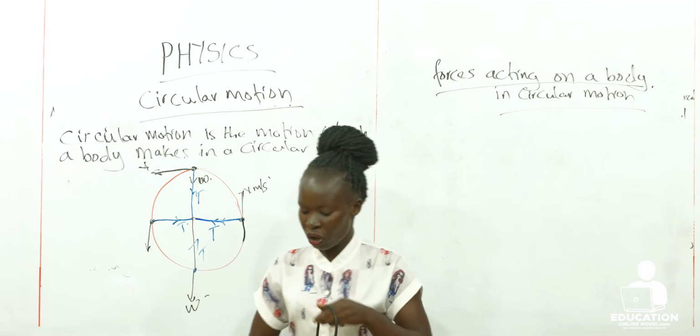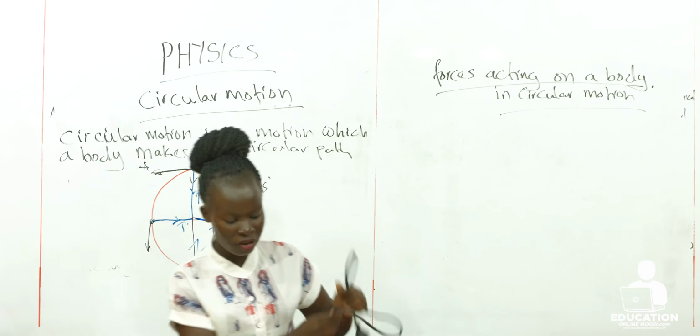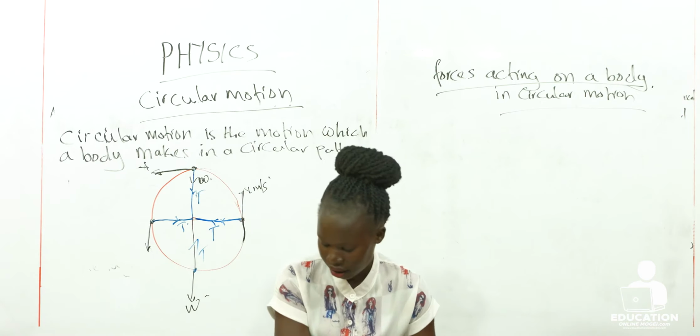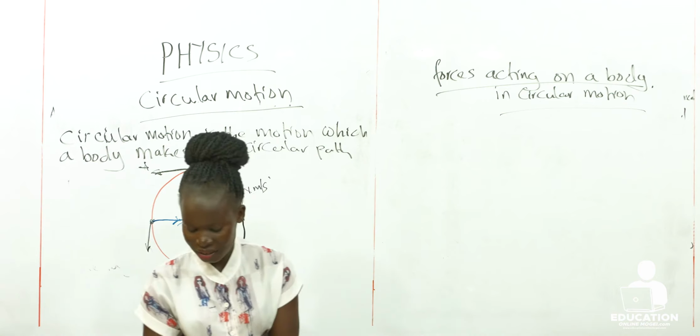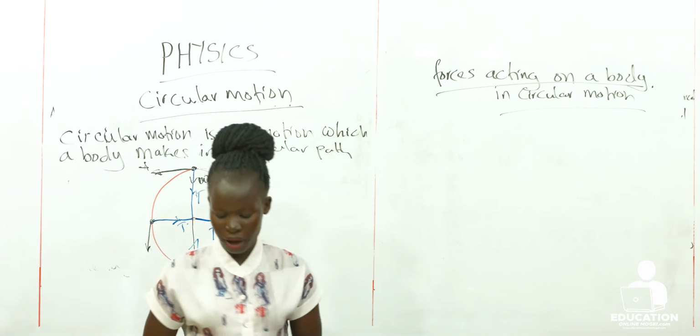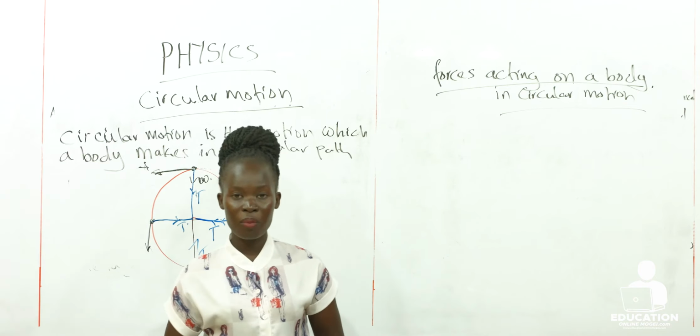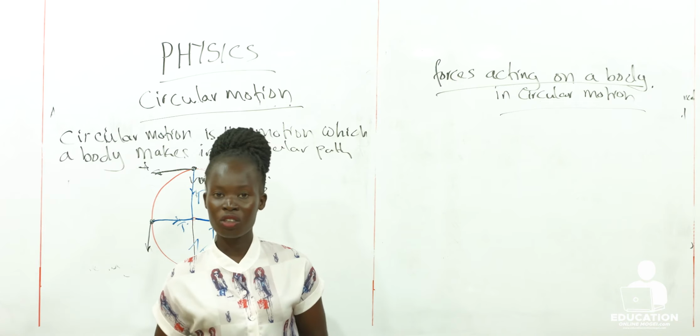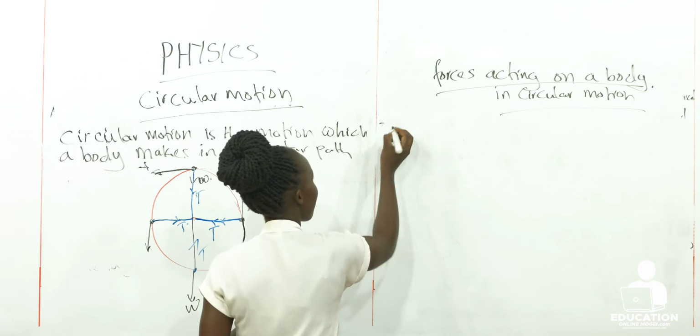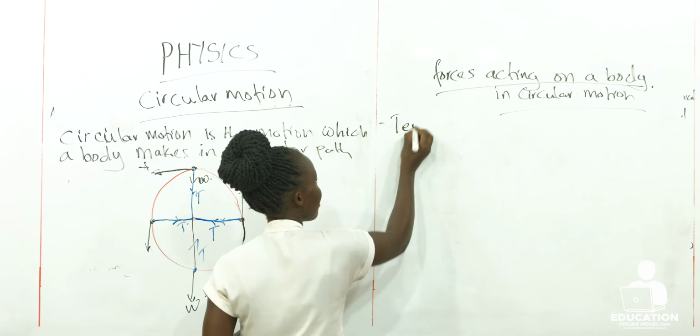So if we talk about the tension, we say it is the force acting towards the center of the circular path. So it is this tension that provides the centripetal force. So we're going to have our first force there as the tension.